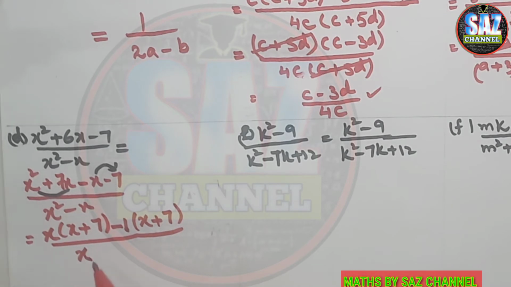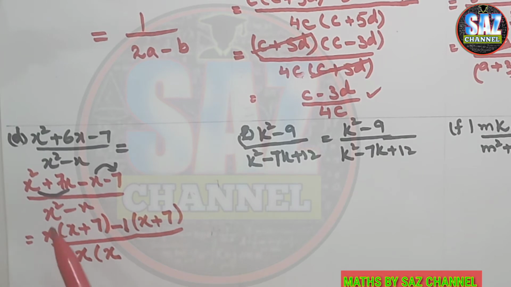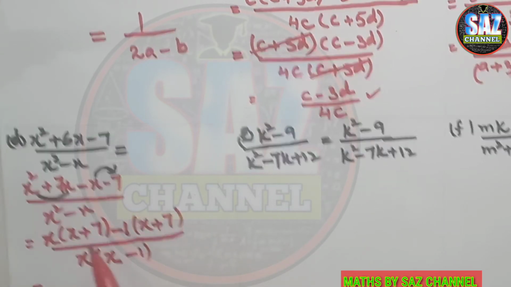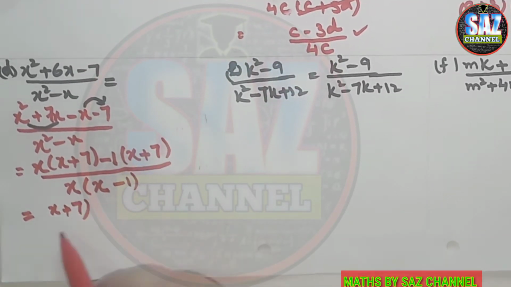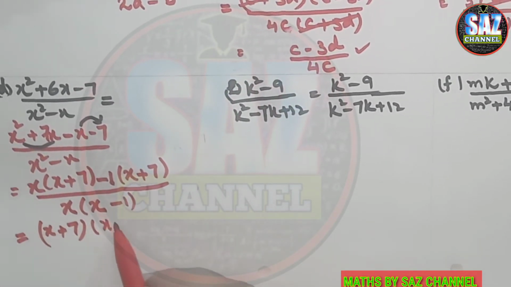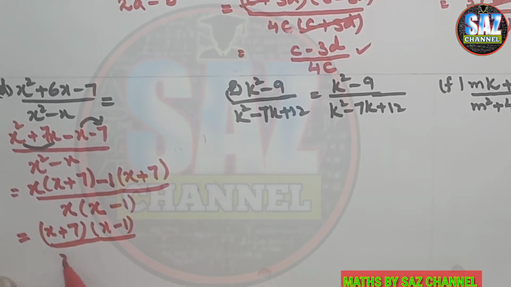I can pull out x, and inside the bracket I will write x, because from x² I have extracted this x out, and then x - 1. Now this x + 7 in the numerator is the common group, so extract it out: (x + 7)(x - 1) upon x into (x - 1).